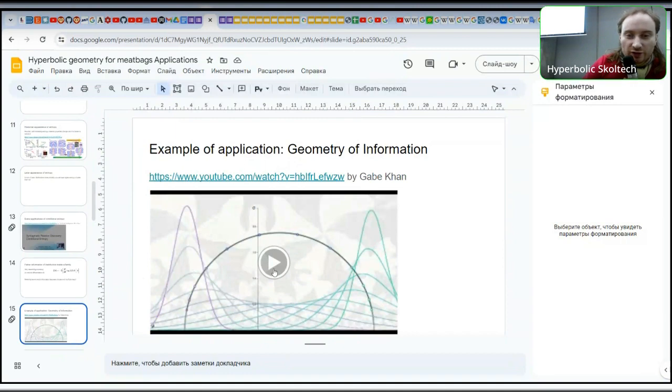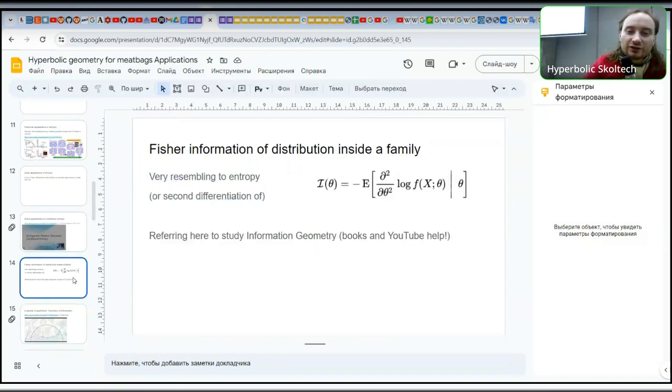If you want to study some information geometry, which is actually a very beautiful topic, for some people it is easier to think about statistics in geometrical terms than in purely algebraic ones.